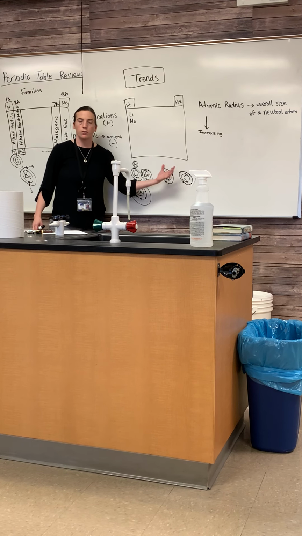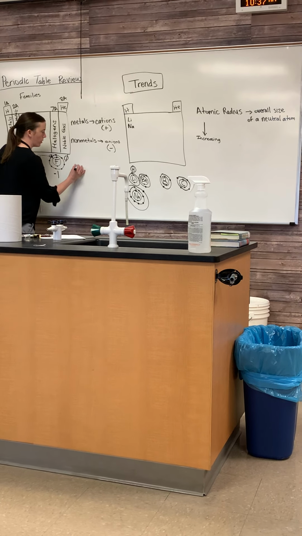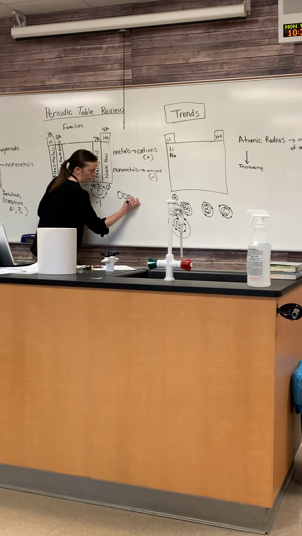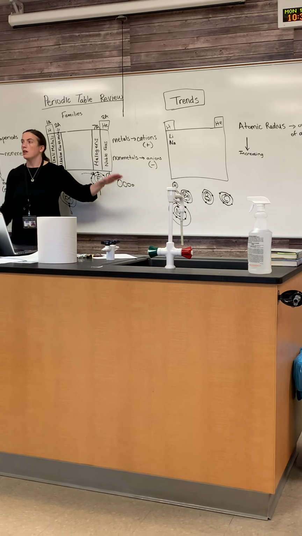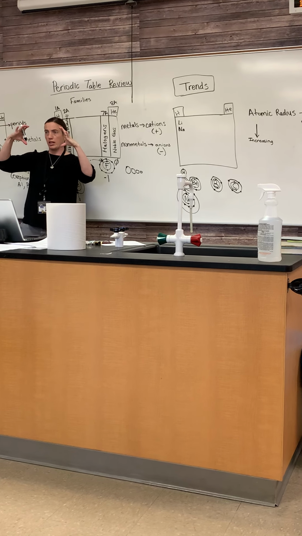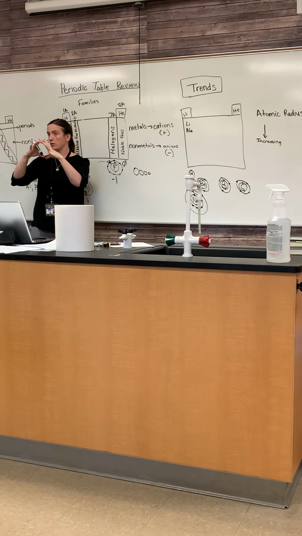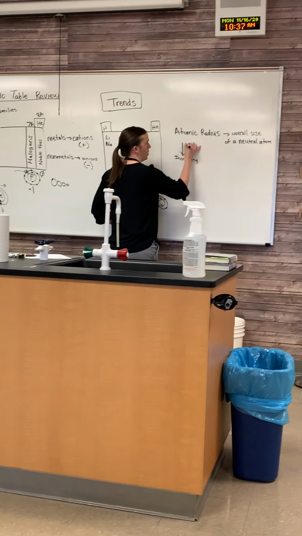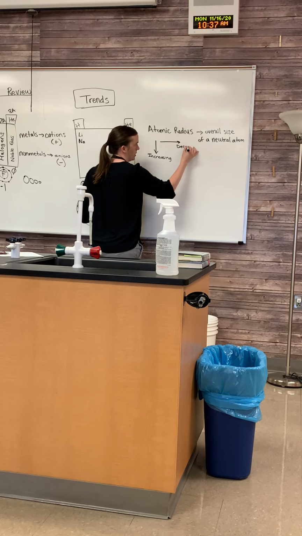Again, my pictures aren't doing justice, but what it should look like is that they're getting smaller as you go across. Because as we're adding valence electrons, they get more attracted to the nucleus, so the atoms themselves are getting smaller. All right, so this trend is as you go left to right, it is decreasing.